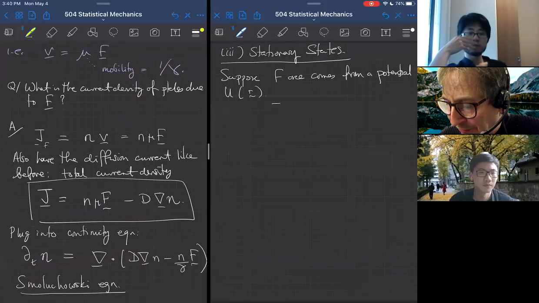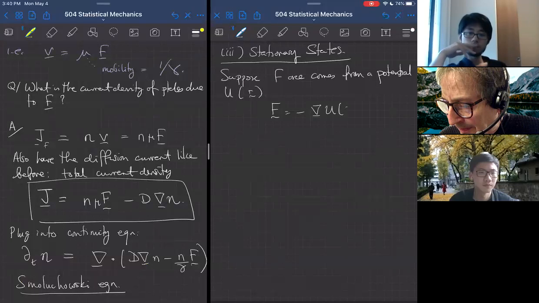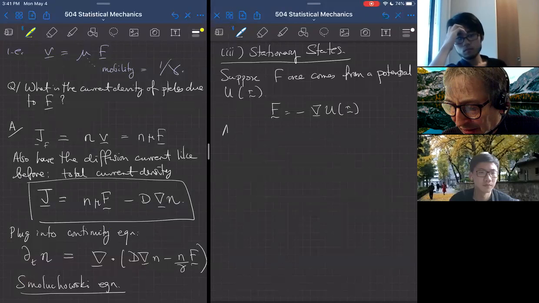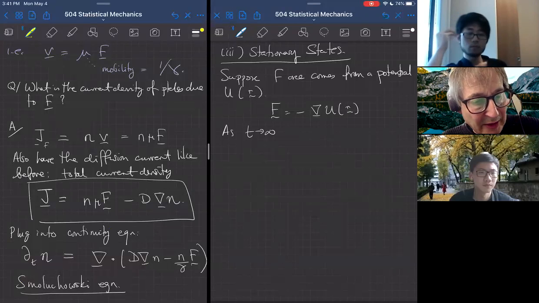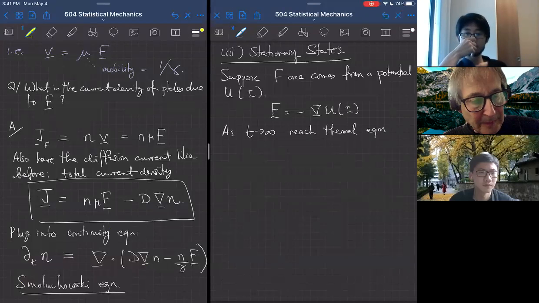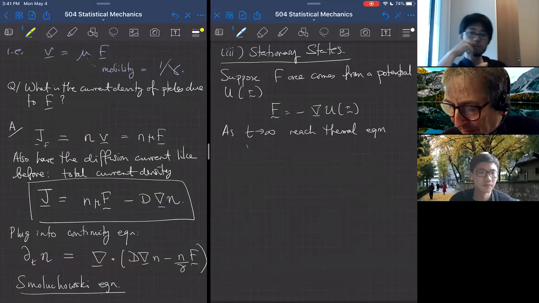So that means that I can write down that F is equal to minus grad U of r. Then what we know is going to happen is that as time goes to infinity, we should reach a thermal equilibrium, and dn/dt is going to equal 0.